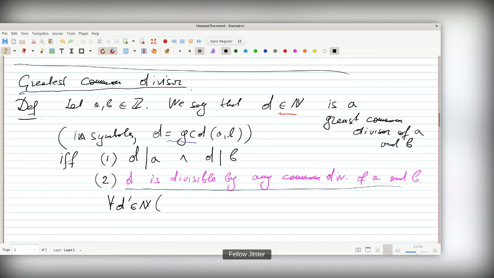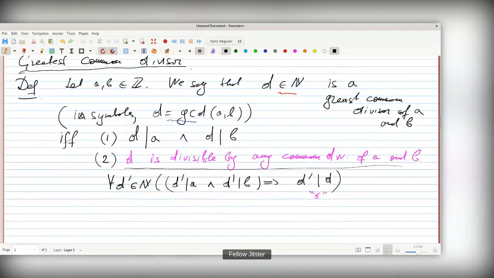For every natural number d prime, if d prime is a common divisor of a and b, then d prime divides d. So it is the greatest one in the following sense. It is less or equal than d in terms of divisibility, not less or equal in general.